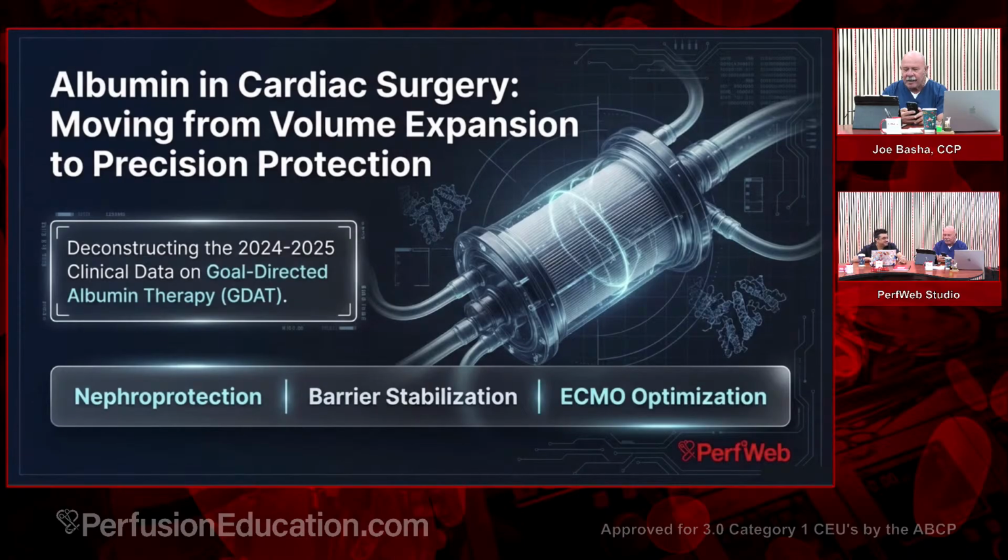I think that albumin is so misunderstood as far as its value in cardiac surgery, with pretty much every patient, more so, however, with some patients. There are many places and many clinicians that don't use it at all.